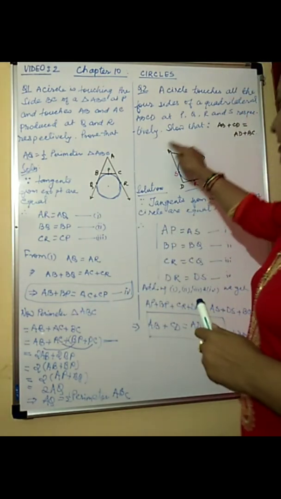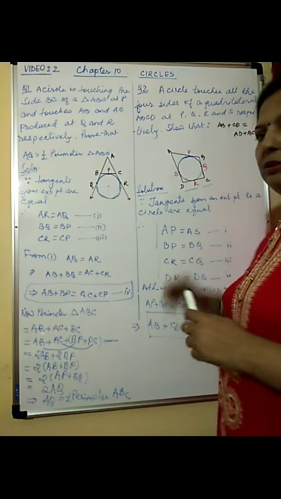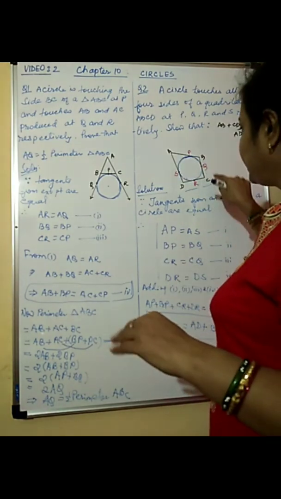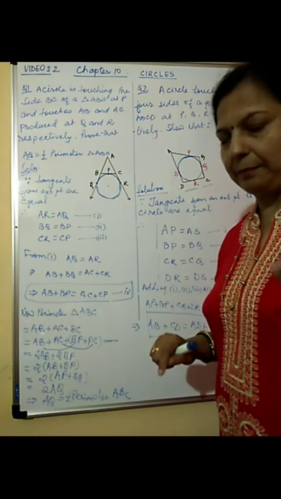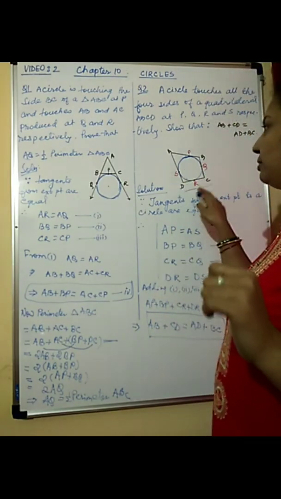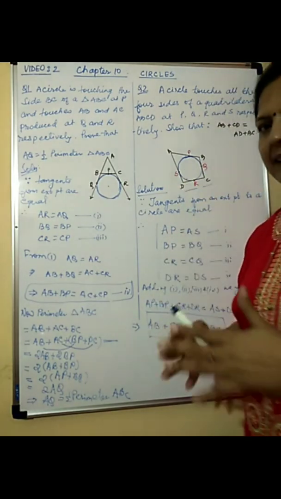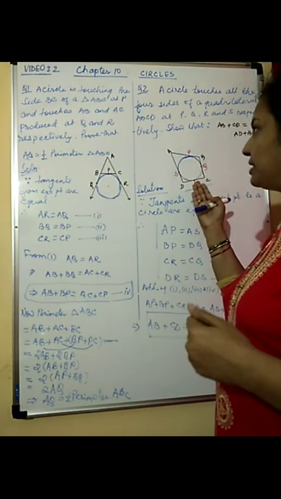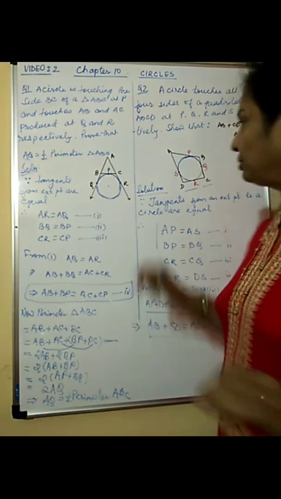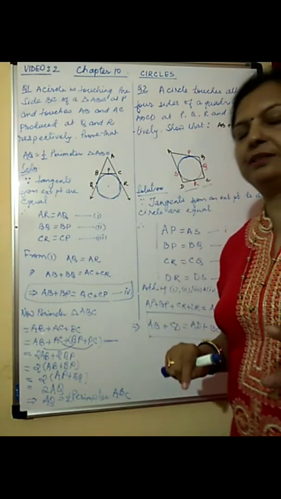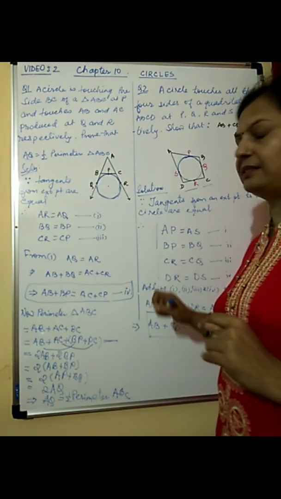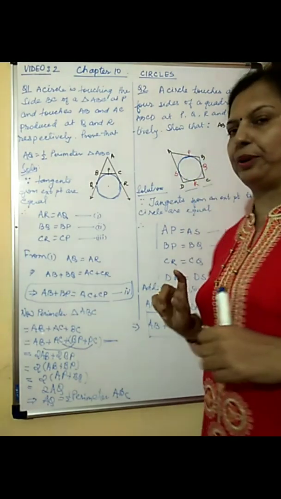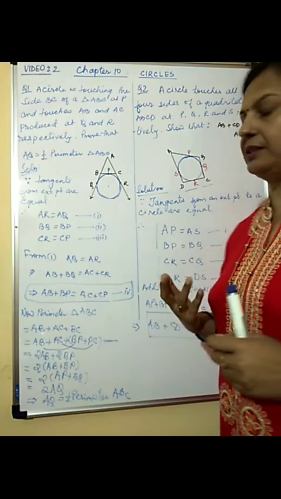One more question which is similar to this, the only difference being that if ABCD is a parallelogram, or if the sides of a parallelogram touch a circle at 4 different points like this, then show that ABCD is a rhombus. The parallelogram which touches the circle at 4 different points has to be a rhombus.